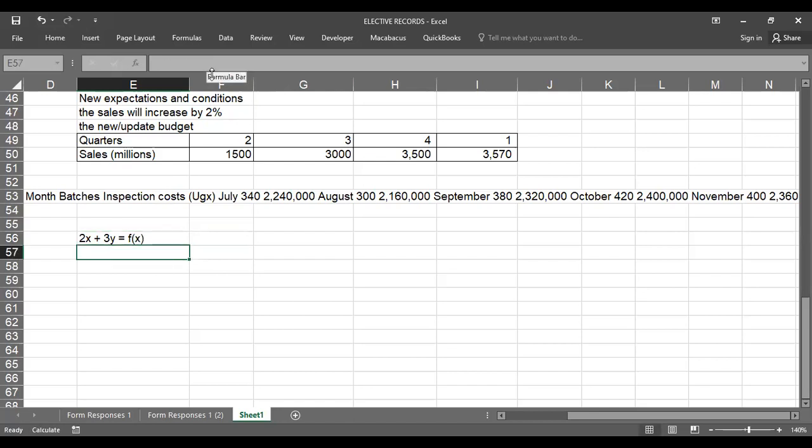What they're saying is that these two factors, x and y, in this case I've used only two, we try to analyze which variable is most important or affects our function. If it is a profit function, that affects our profit function significantly.